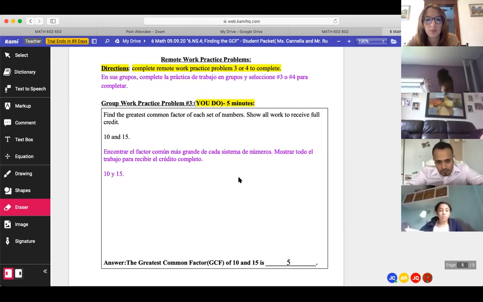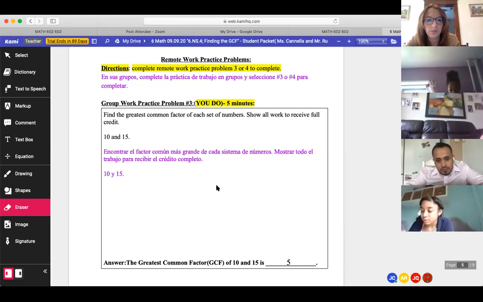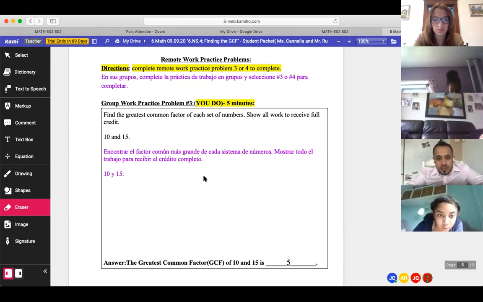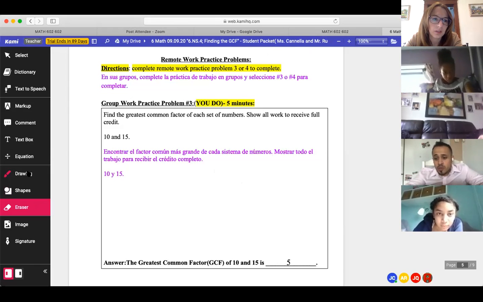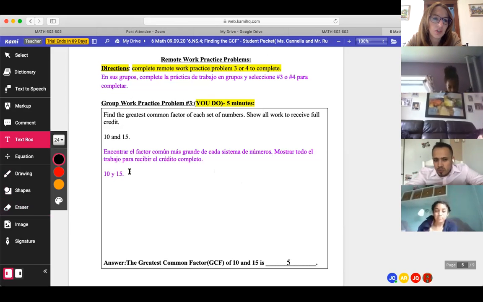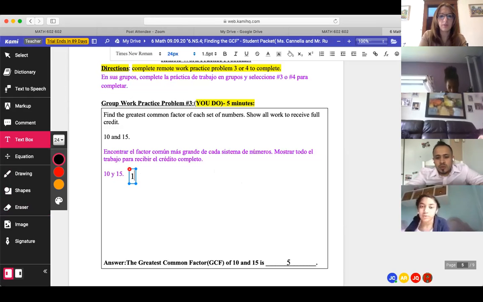Type your answer in the chat once you have it. Some of them will be easy, like this one. Find the GCF. Others may want to complicate things and tell you, hey, let's do an equal distribution. So you might want to just slow down. You can move on to the next problem.